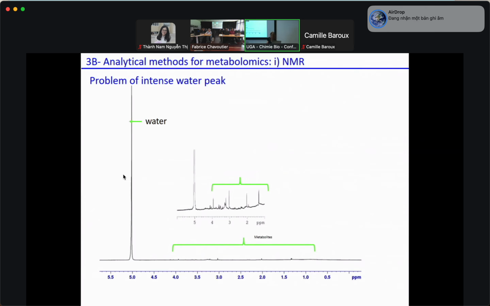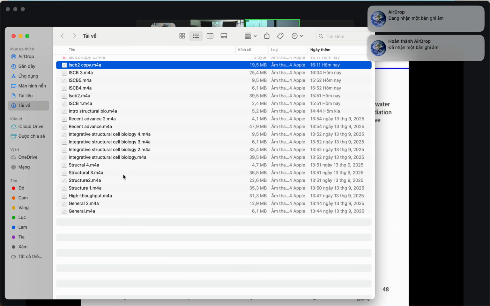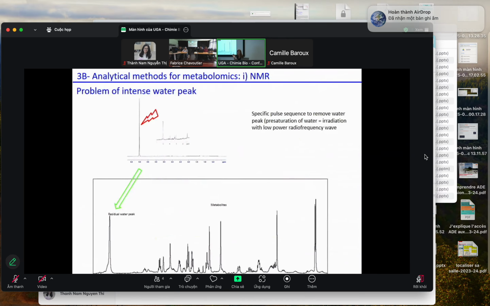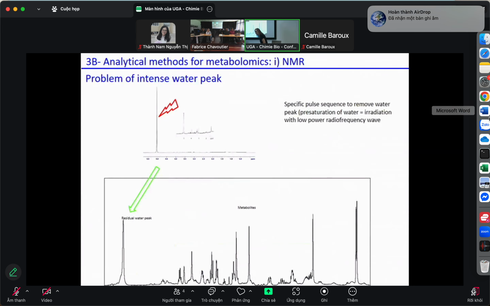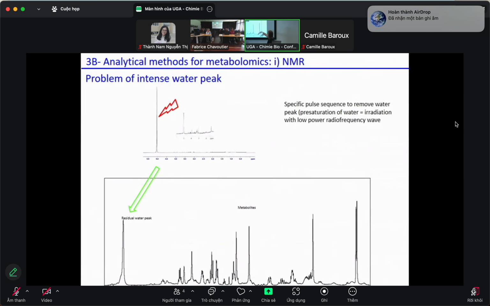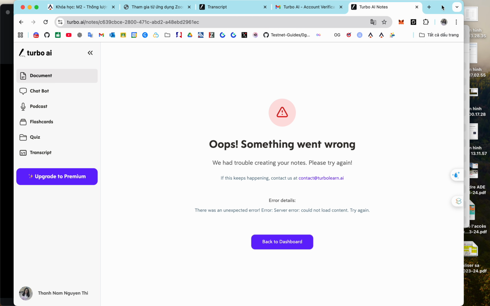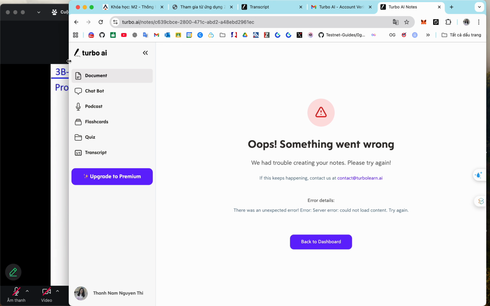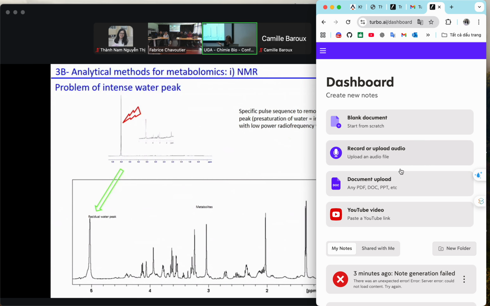We can irradiate the peak of water during the experiment, what we call pre-saturation of water, to recover the signal of metabolites, and we also use deuterated water. This is where protons have been replaced by deuterons, the isotope of hydrogen.